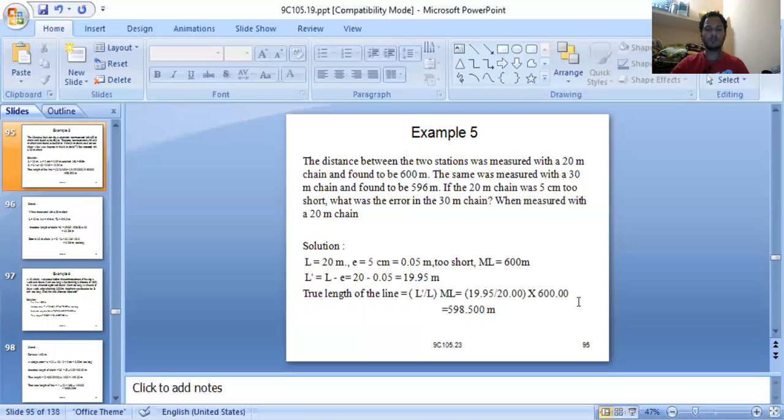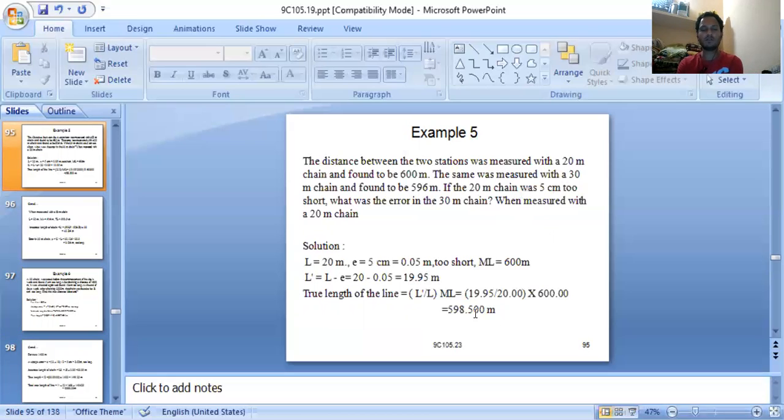We are substituting 19.95 because it is given that the 20-meter chain was 5 centimeters too short. Therefore, incorrect length L dash is 19.95, standard length is 20 meters, and the measured length is 600. So here we get the true length of the line.